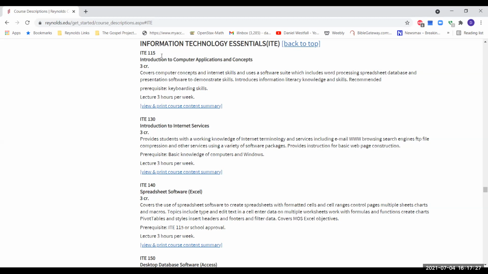So you might get what you need out of ITE 115, but ITE 140 really focuses specifically on Excel and how to make charts and all the functionality that you would need to get out of Excel, all the different things that you can do, work with multiple worksheets and formulas and functions and things.